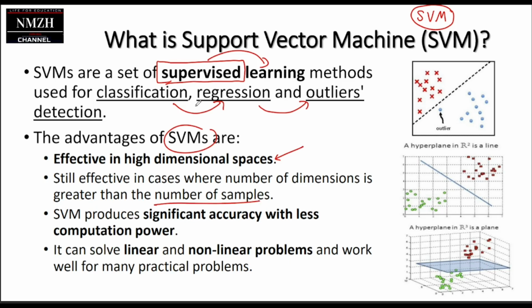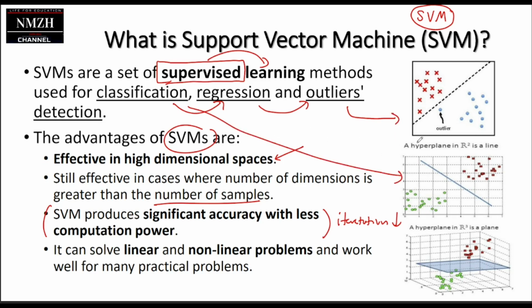SVM produces significant accuracy with less computational power, whereby obviously, as we mentioned earlier, iteration is reduced. That would be the advantage of the SVM. It can solve both linear and non-linear problems and works well for many practical problems. So this is one example for the outlier detection, and this one is classification.